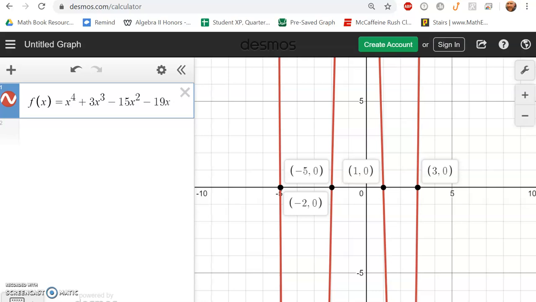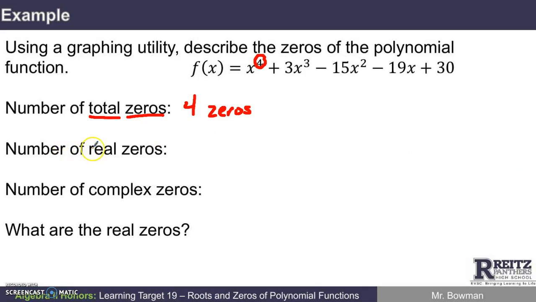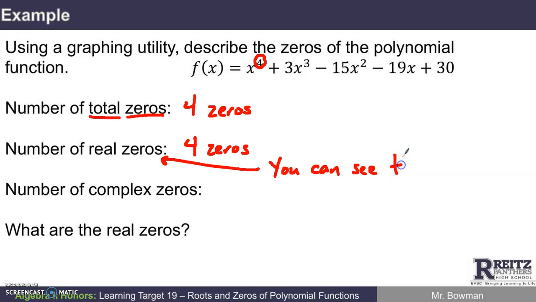1, 2, 3, 4 different zeros. So the answer to the question, how many real zeros are there? They're all real. 4 real zeros. The real zeros are the ones you can see on the graph. Okay. Now the question is, how many complex zeros are there?